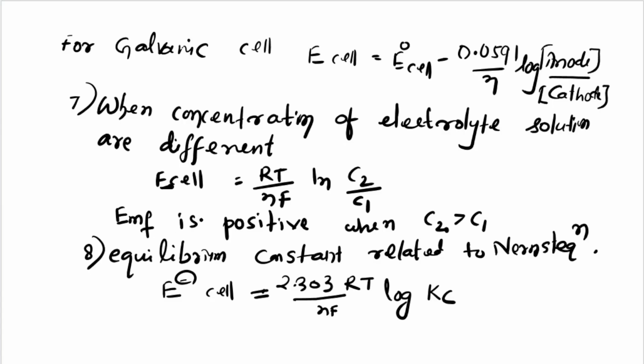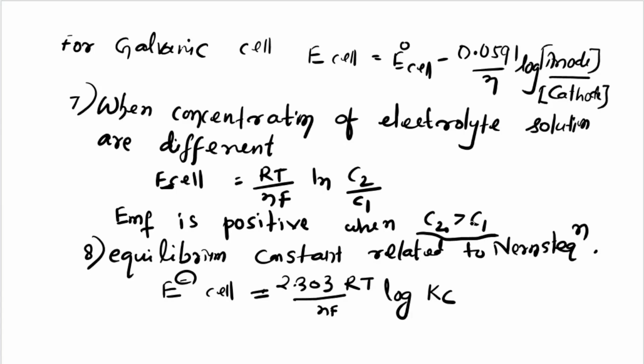EMF is positive when C2 is greater than C1. Remember, we require the EMF to be positive, otherwise it has no value. So EMF is positive when C2 is greater than C1. This line is very important. Suppose an objective question asks whether C1 is greater than C2, or C2 is greater than C1, you should check which gives a positive value.